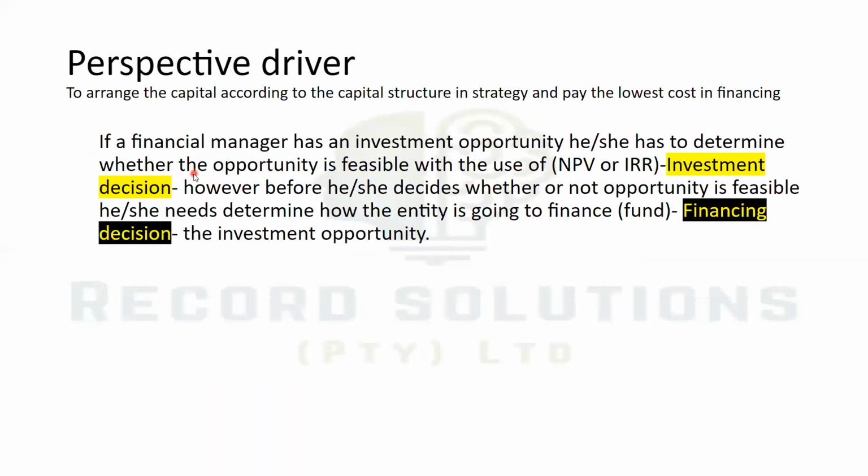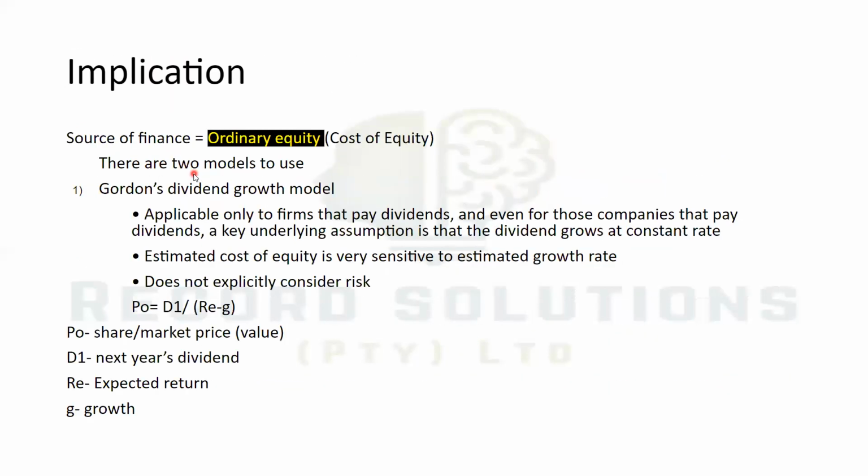So this Re is actually the cost of equity. Everywhere you see this Re, expected return, just know that that's the cost. Like I told you, what's the cost for us? It's their return, because they're investing in us. So that's their cost, the expected return.